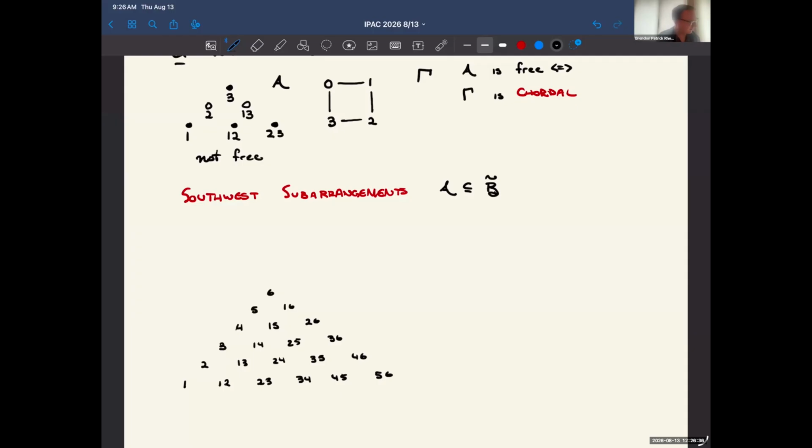So we have this extended positive root poset. And the idea of a southwest arrangement is that you are closed under motion towards San Diego. You are closed under moving southwest.